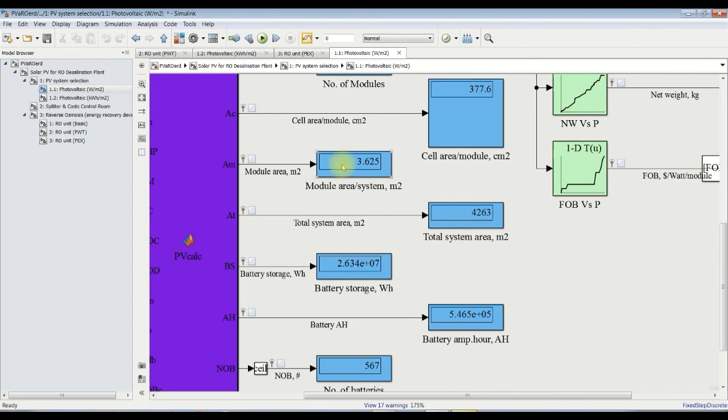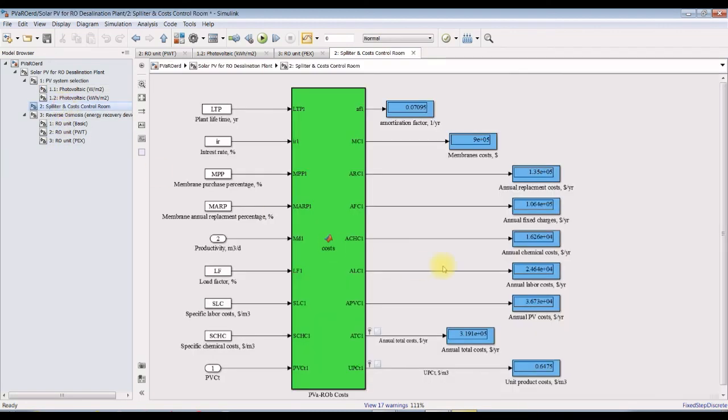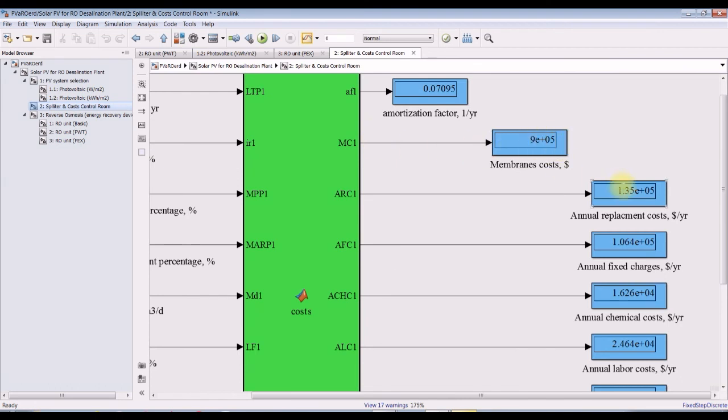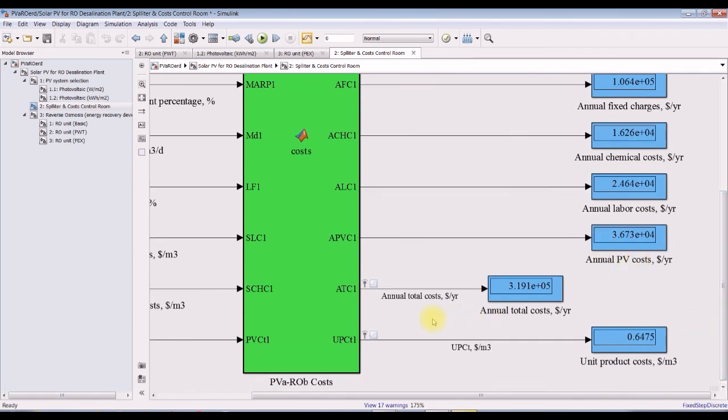Module area is 3 meter. The total system area is around 4,200 meters square. Battery storage, number of batteries, costs, and here membrane cost, annual replacement, annual fixed charge, mechanical labor. Annual PV cost.